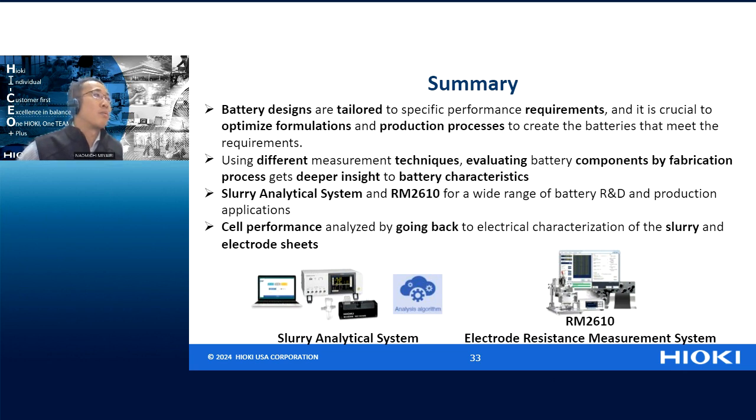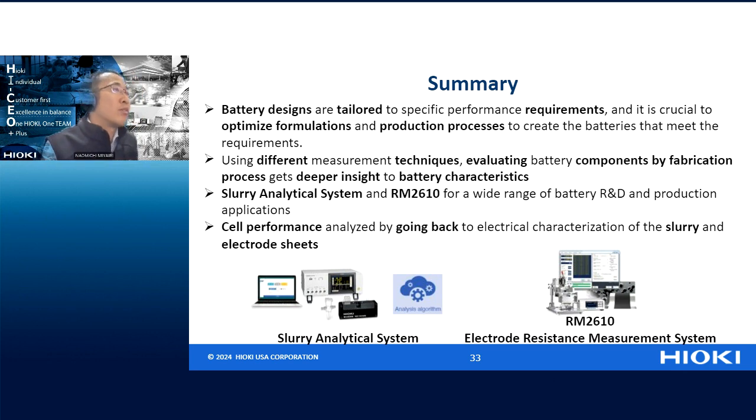There are various characterization or measurement techniques available in the market, but evaluating battery components by fabrication process gives deeper insight into battery characteristics. So using those techniques, we can do that.